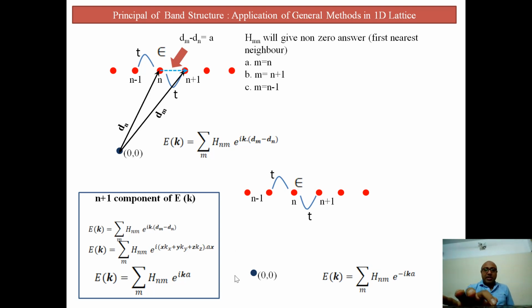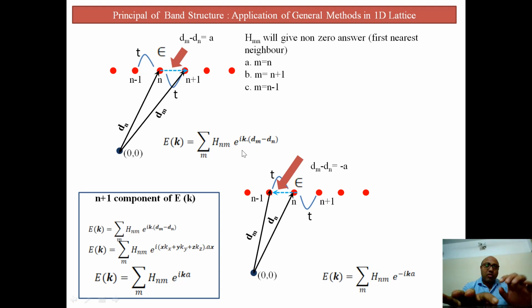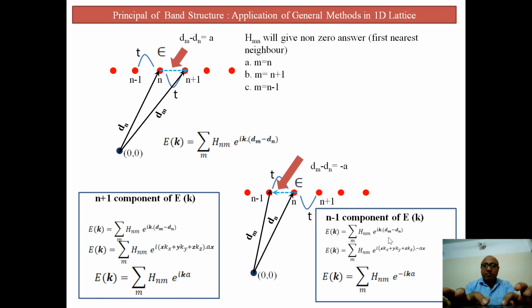You take an arbitrary zero anywhere and then you write dm. So here you see dm minus dn is in the other direction. Here the arrow is coming from a positive direction, here it is a negative direction, so minus a. So what is that in the summation over n minus 1, that means the component over m minus n, it's like ika.